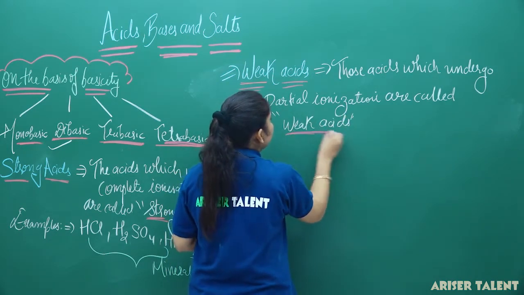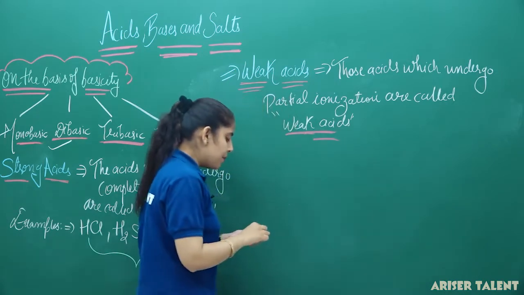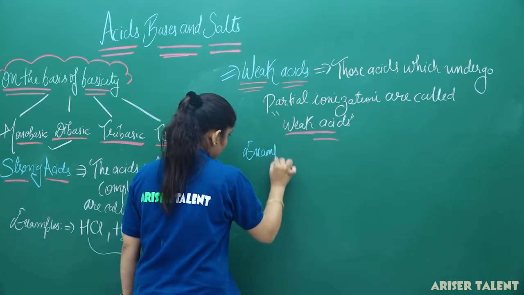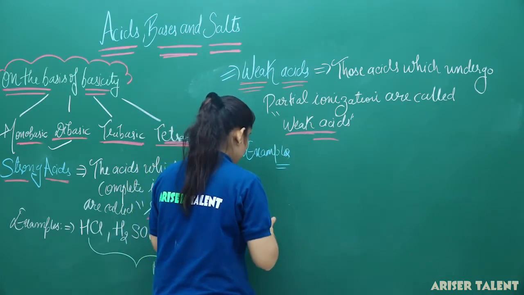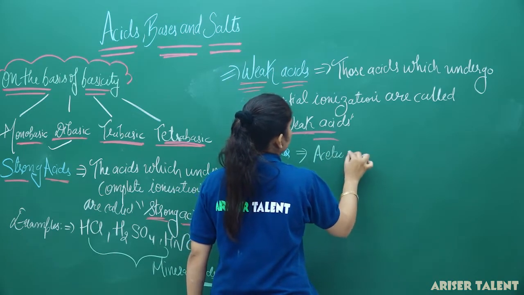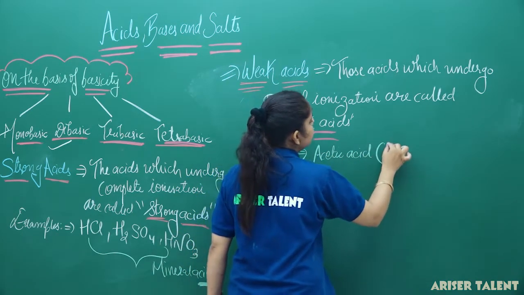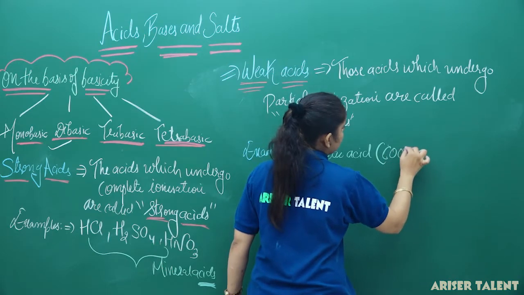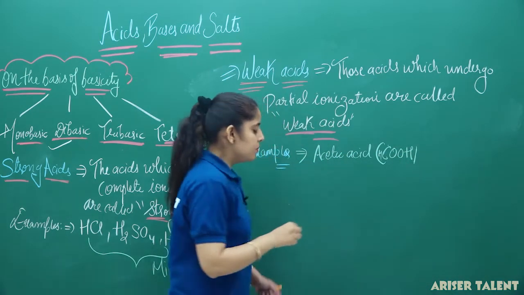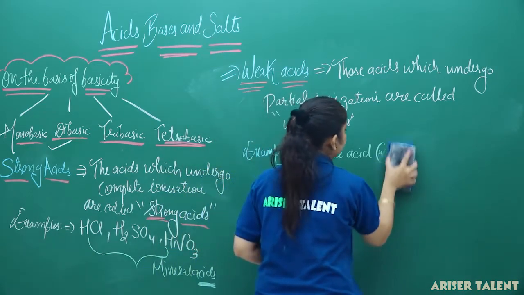And in the category of the weak acids, again we have a lot of examples. So the examples here are, the first one is acetic acid. The acetic acid is CH3COOH.